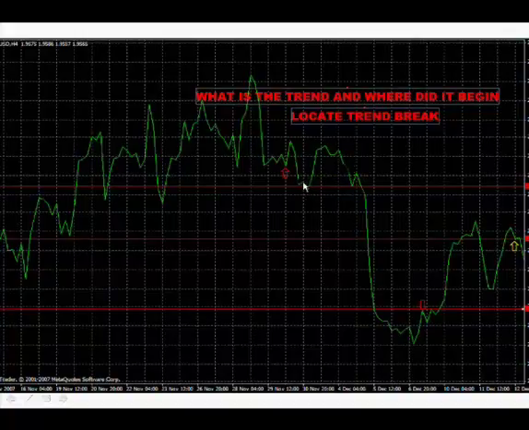When price closed above this minor high, price continued up. When price broke below this low, price continued down. And you can do that all over the chart. Let's go back here. When price broke above this high, price continued up. And when price broke below this low, price continued down.